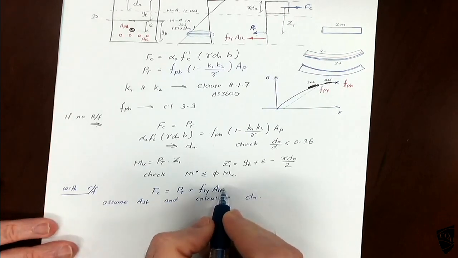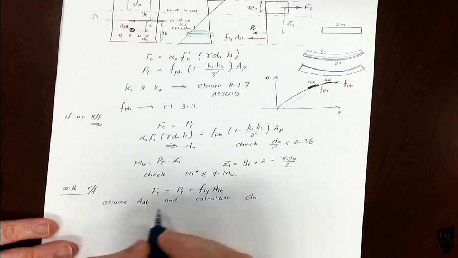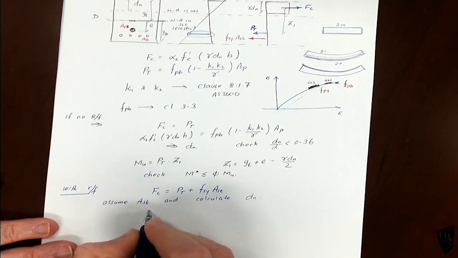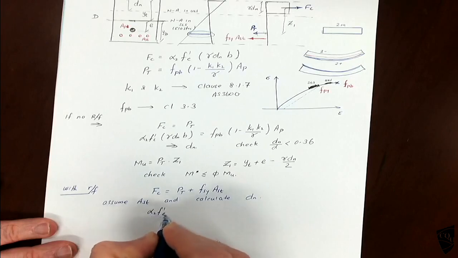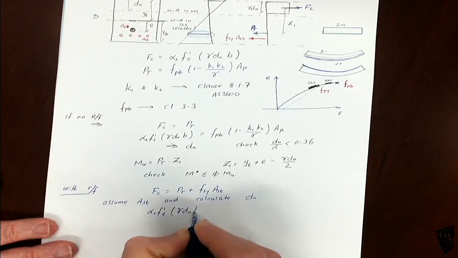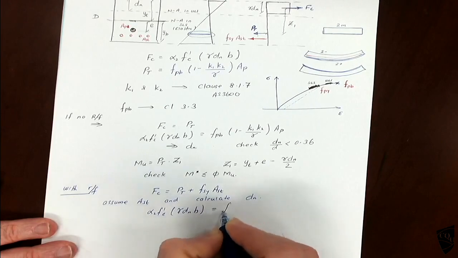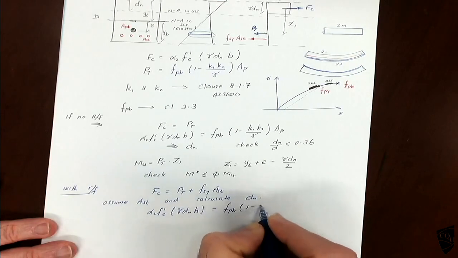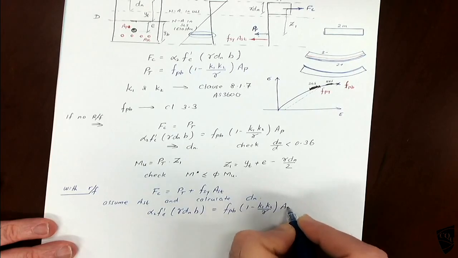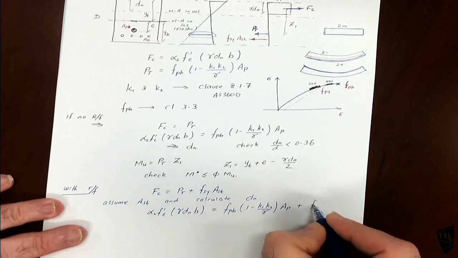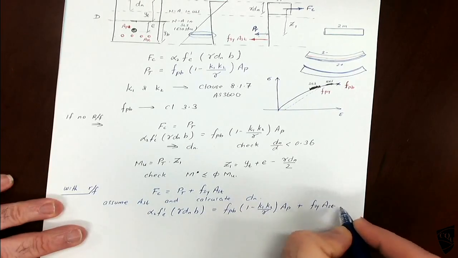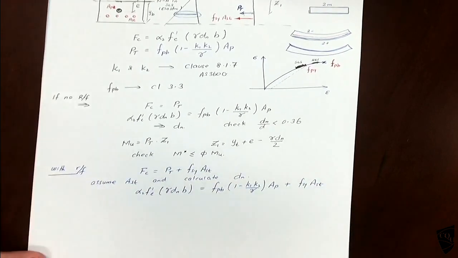So this is alpha 2 f'c gamma dn b equal to FPB (1 minus k1 k2 on gamma) Ap plus fsy Ast.